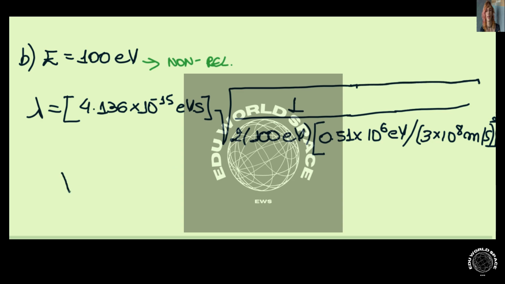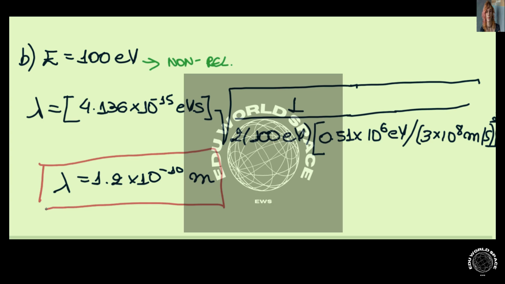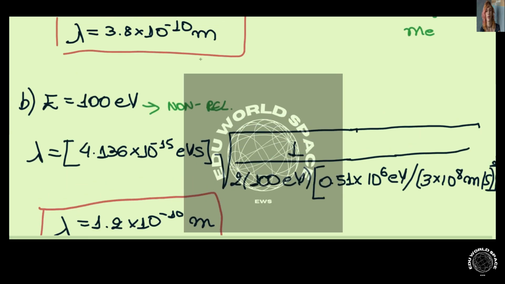Doing the calculation, we find that the wavelength is 1.2 times 10 to the minus 10 meters. So you can see that when the electron is more energetic, the wavelength shrinks to a smaller value.